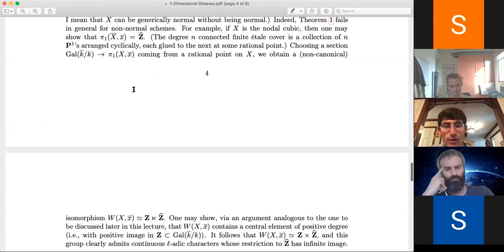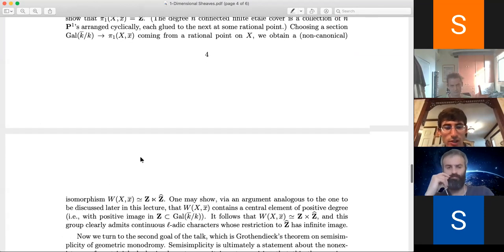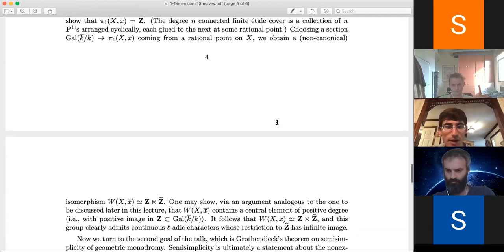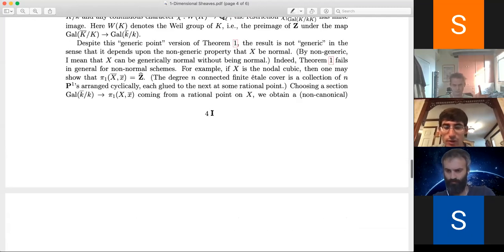So the point of all this is that the Weil group is essentially, I'll skip some of this stuff, but you can work out that the Weil group is essentially Z times Z hat. The Z being the degree thing and the Z hat being the pi 1 of this nodal cubic.